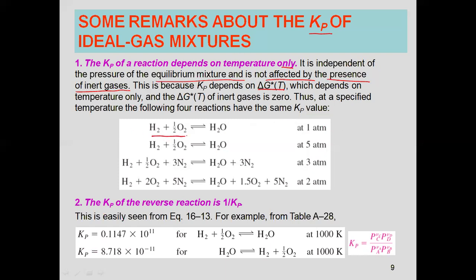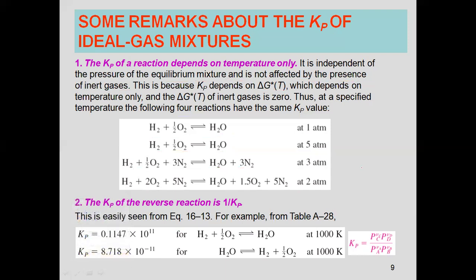For all these reactions, we'll have the same Kp value, because you see that for all these, the chemical reactions are basically the same. Only thing is, what are the differences you try to follow?